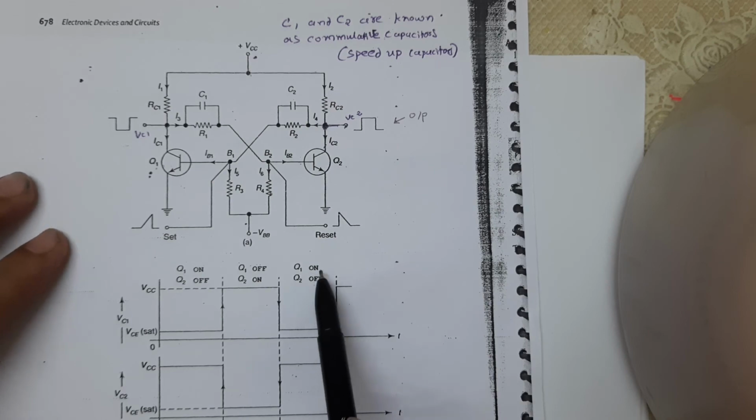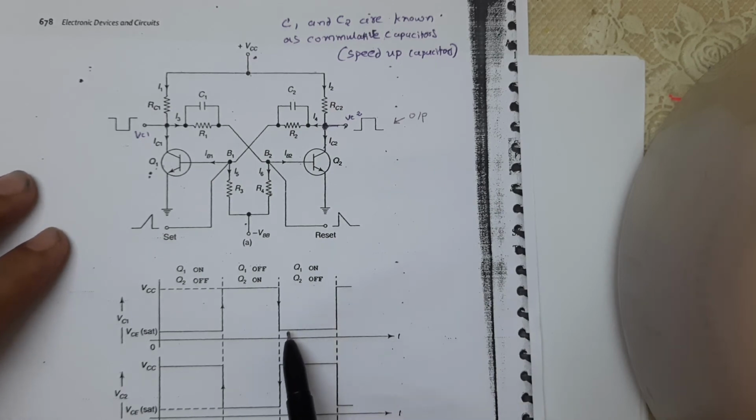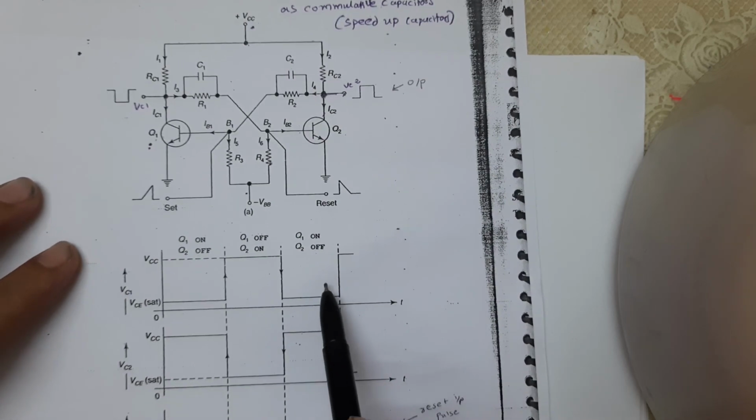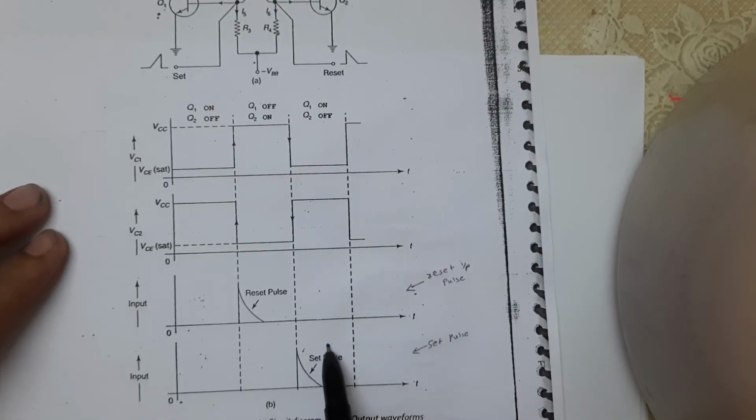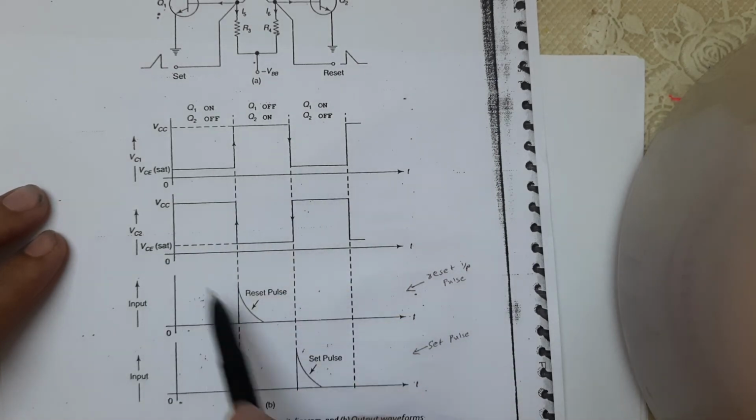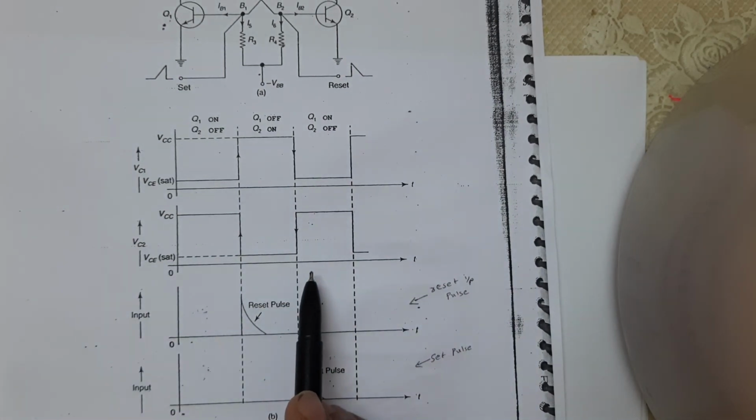That means Q1 is on, so Vc1 is minimum, saturated, and at that time Q2 is off and no Vcc is passing, hence Vc2 is maximum. See here, Vc2 is maximum. At that time, what is the position of the reset pulse? There is no reset pulse, we are only applying the set pulse. So in this way we discussed this graph.